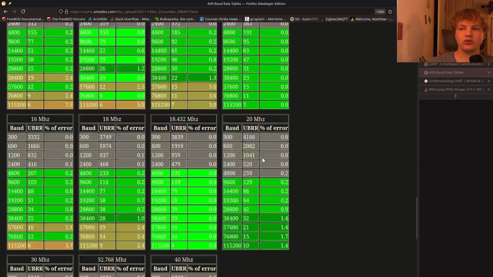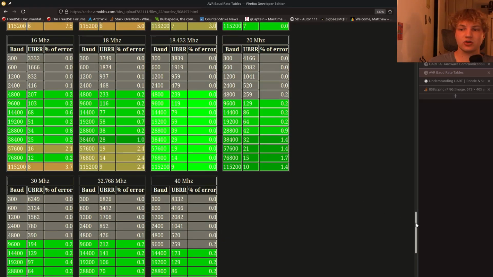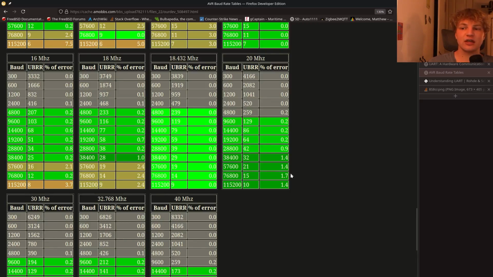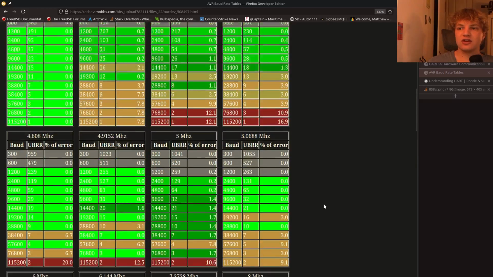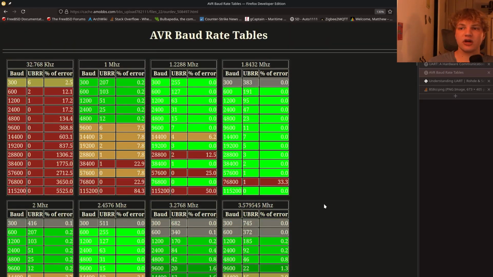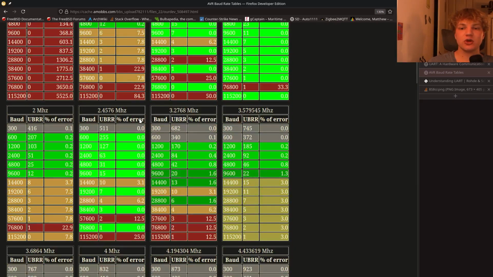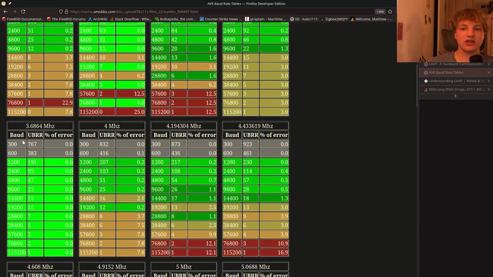So if you're using, for example, a 20 megahertz crystal oscillator, you can use that to get lower error rates on higher baud rates. And the same thing back here. Another very common one for AVRs is 1 megahertz, but if you're running your AVR at 1 megahertz, you can only really get 4800 at any good error rate. So it's a bit of a mix and match here. You can see at 3.6 megahertz, you actually get really great rates across the board.